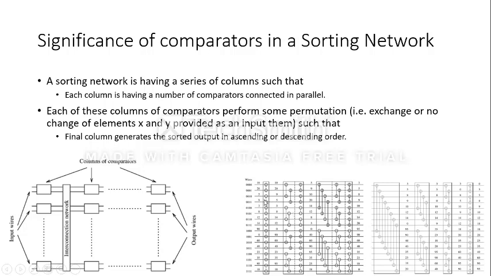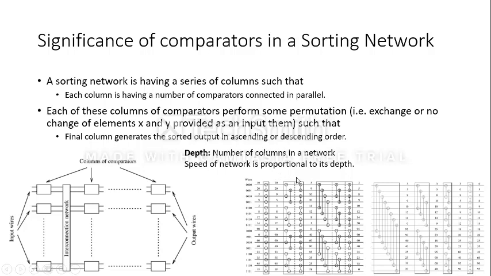Now one thing to be noted is that the number of columns in the whole network is termed the depth. If a particular sorting network has a large number of columns, or its depth value is high, then the speed of the network is also proportional to its depth.